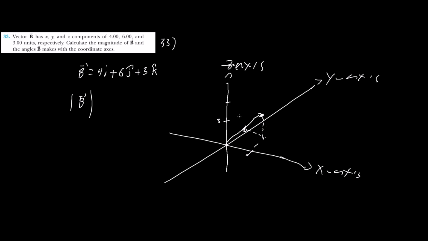To get the magnitude of B, recognize one thing. Recognize that the component here is going to be 4 and 6, and that's the radius. And we know that if this is a right triangle, the Pythagorean theorem is going to be 4 squared plus 6 squared.